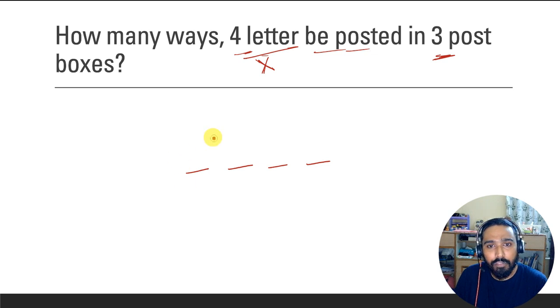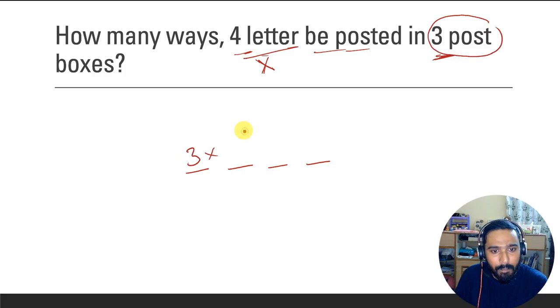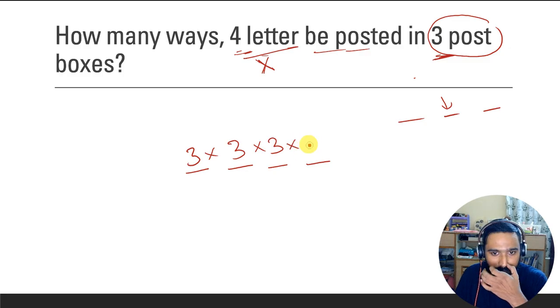Now the first letter has how many options? It can be posted in any of the three post boxes. Now the second letter, how many options? Any of the three. Let's say these are the three post boxes and here one of them is put. Can I put it again? I definitely can. So the second letter also has three options. The third letter also has three options and the fourth letter also has three options.